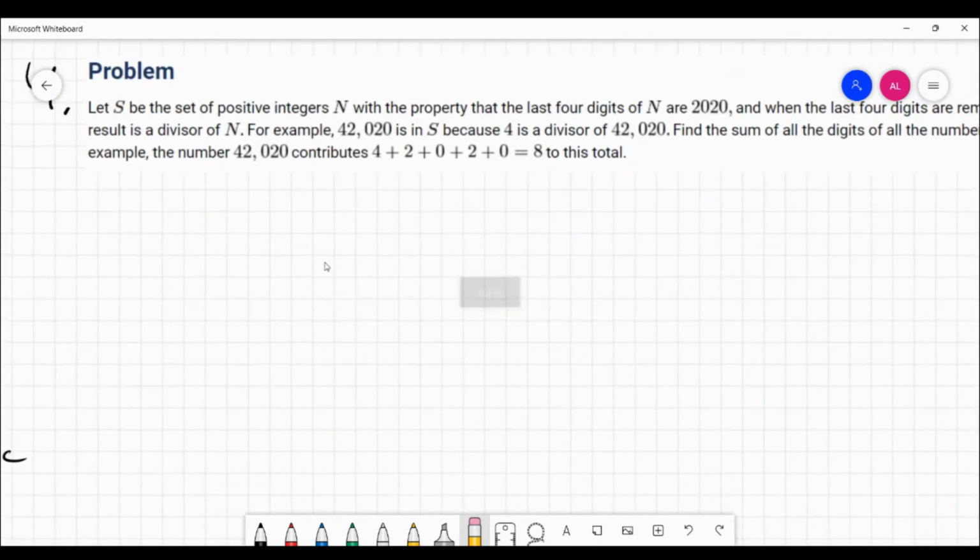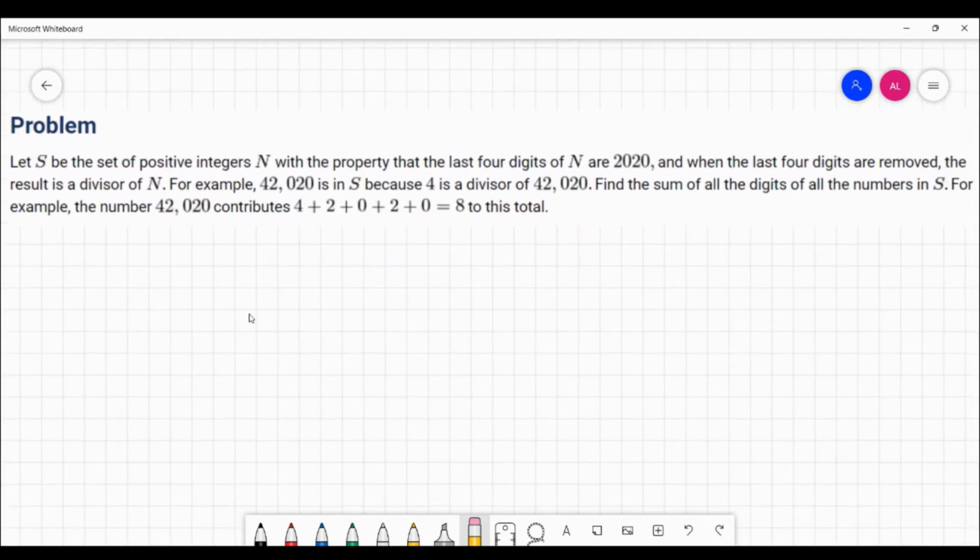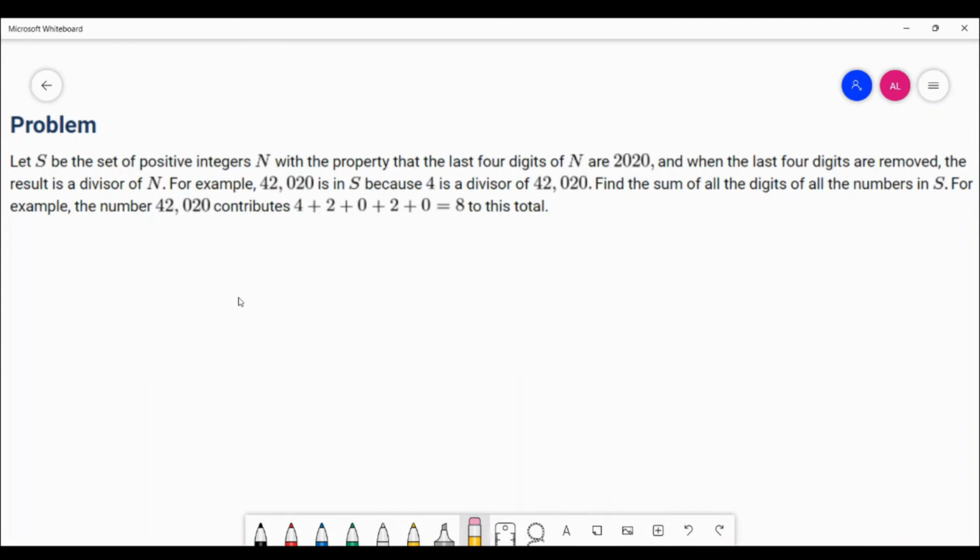Okay, so now for our fourth problem, we have that S is some sort of set of positive integers n, and the last 4 digits of n are 2020. So n is equal to some beginning and then 2020.